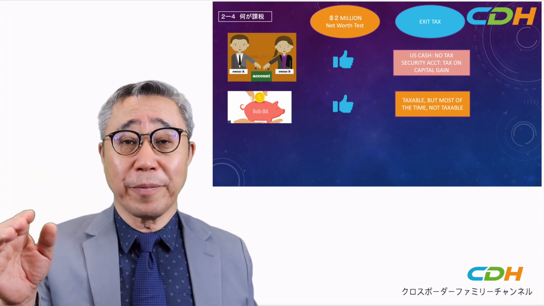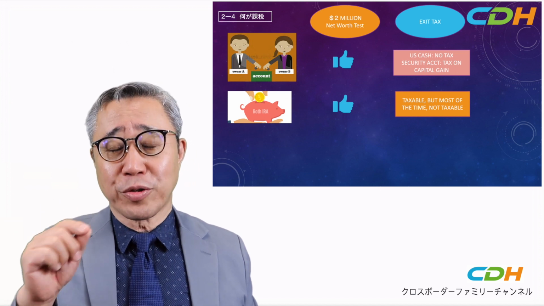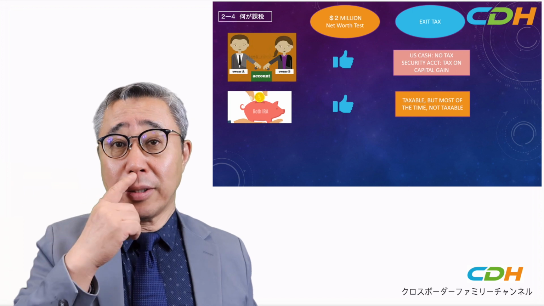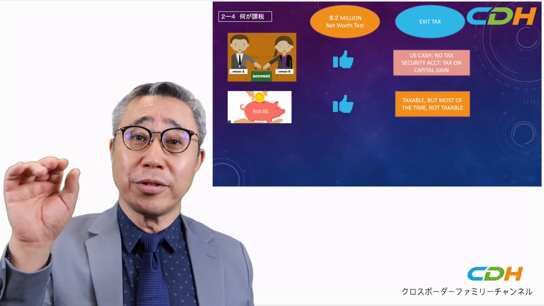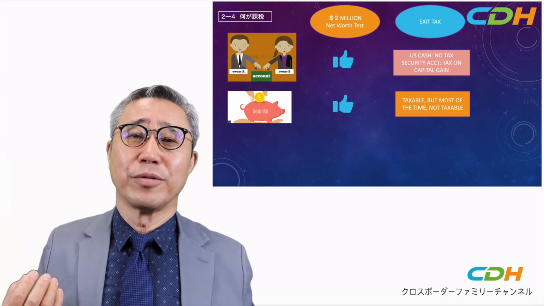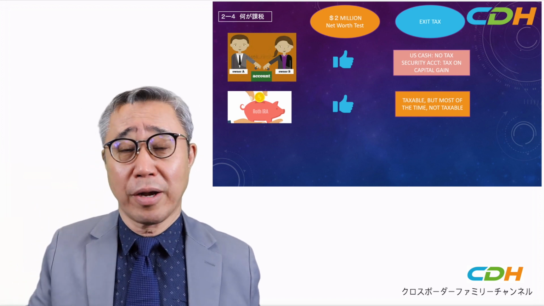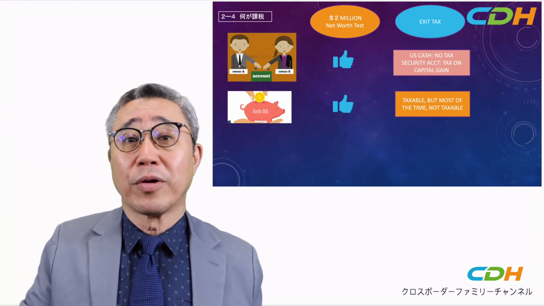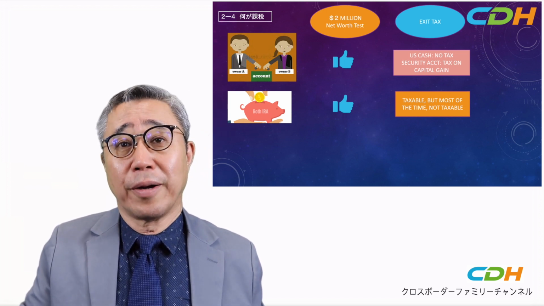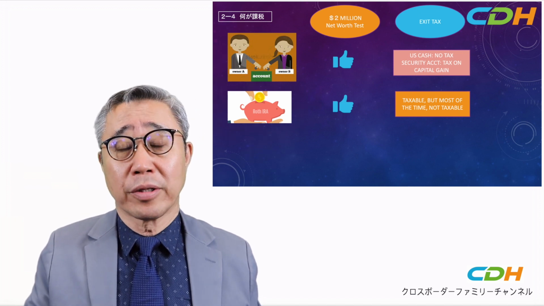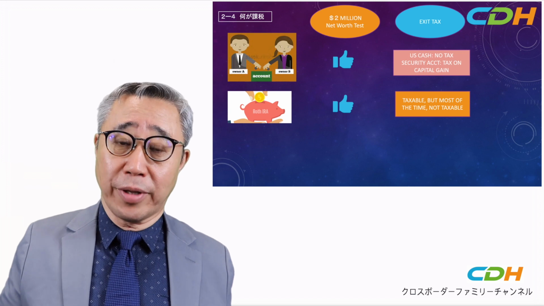I'm sure there are specific exceptions, but I am only talking about the general terms. Even if you take the money out, the beauty of the Roth IRA in general is that it's not taxable, and because it's not taxable, exit tax will most of the time not result in actual taxes.